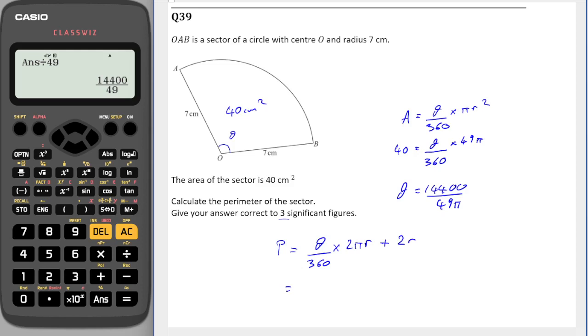So it should do. If I take the angle and divide it by 360, the pi's would cancel, so times by 14, and then add on 14, 2 lots of 7.